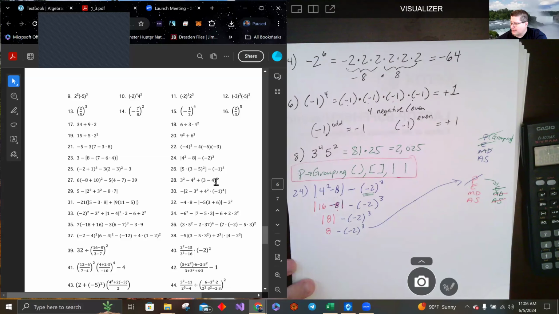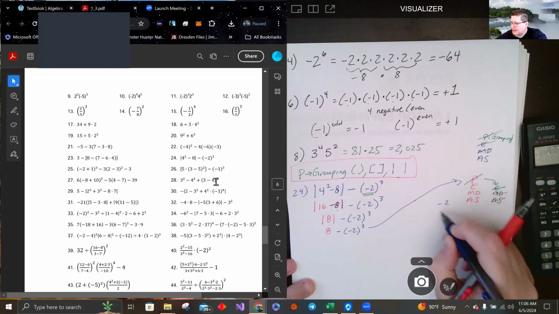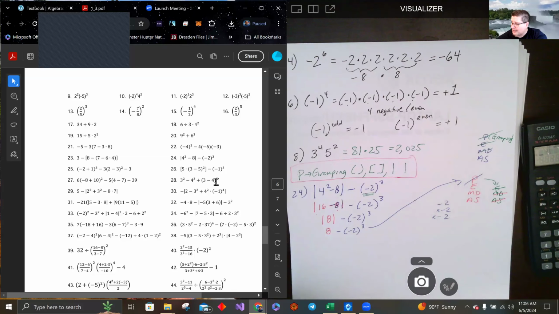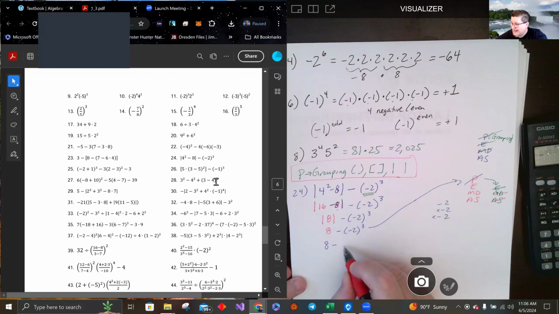We go to exponents. I need -2 times -2 times -2. I've got 3 negative signs, so that is going to be negative, and then 2 times 2 times 2 is 8. This minus sign is there. This minus sign is from this.